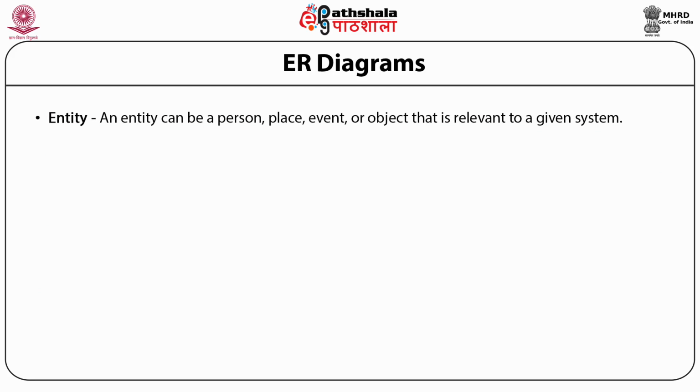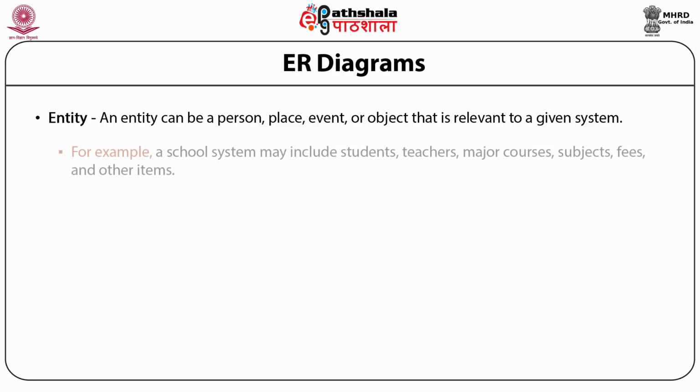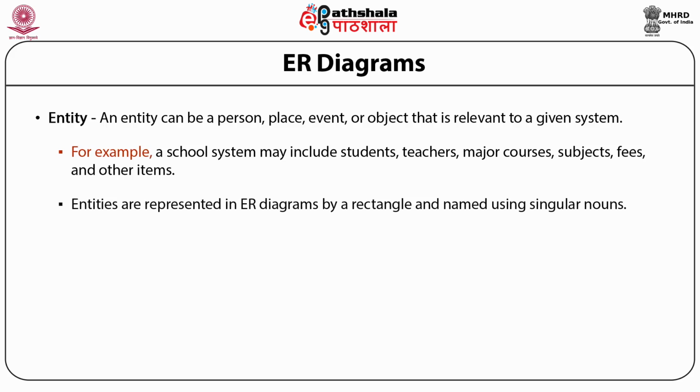An entity can be a person, a place, an event, or object that is relevant to a given system. For example, a school system may include students, teachers, major courses, subjects, fee, and other items. The entities are represented in the ER diagrams by a rectangle and named using singular nouns.